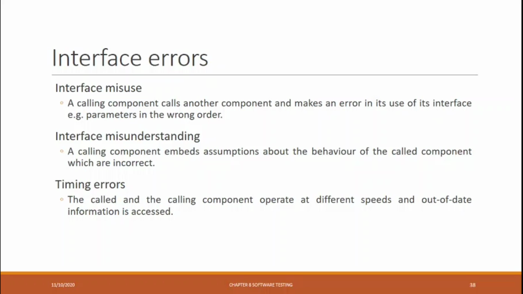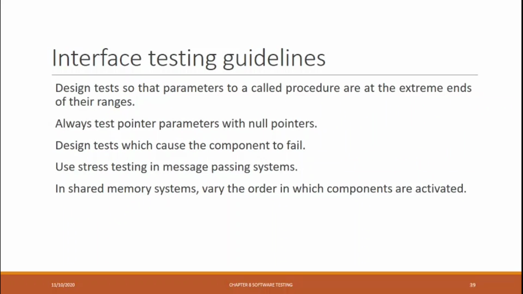Okay. So timing error. These errors fall into three classes. Now, interface testing guidelines. In interface testing guidelines, you design the test so that the parameters to the called procedure are at the extreme ends of their ranges.